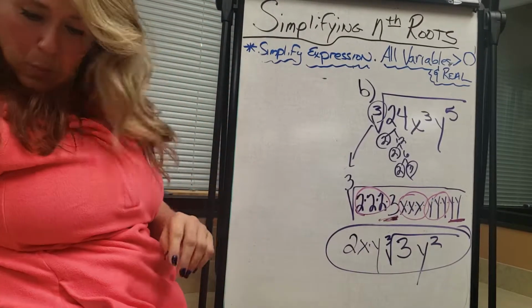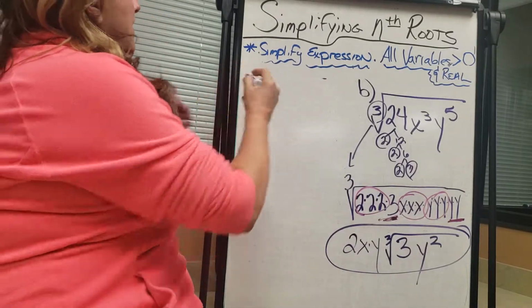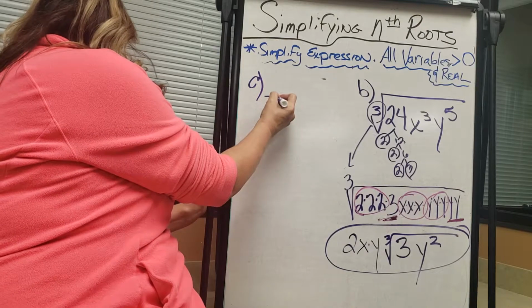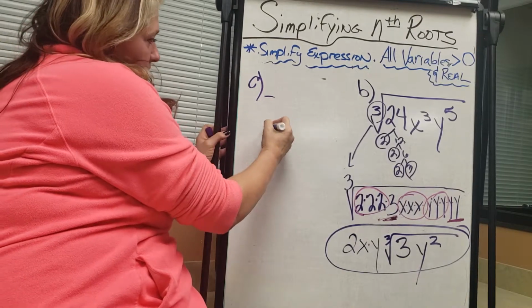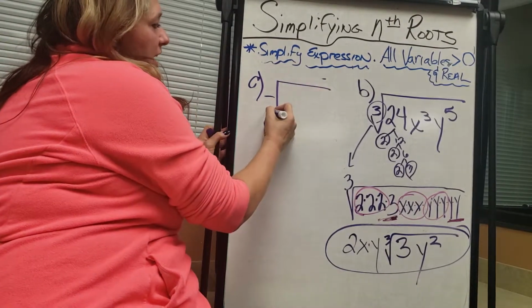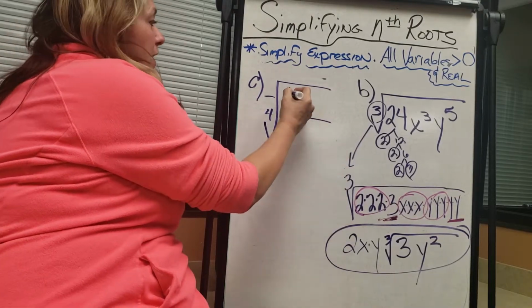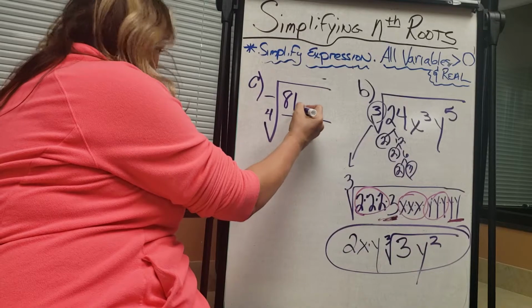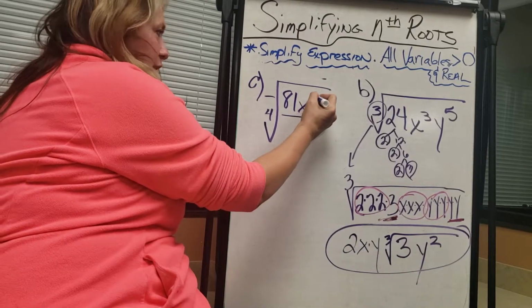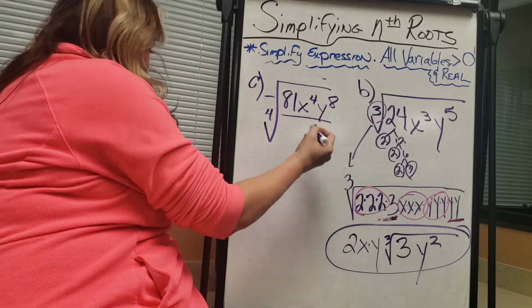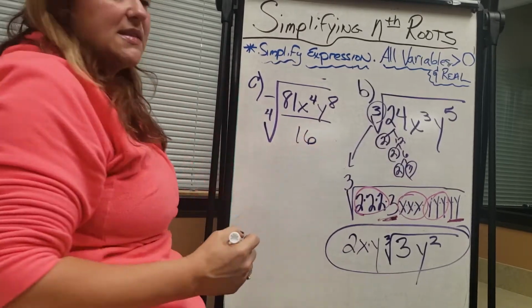And example C, we're going to have a negative, and this time we're going to have a 4th root. In the numerator is 81 x to the 4th, y to the 8th, and in the denominator 16.